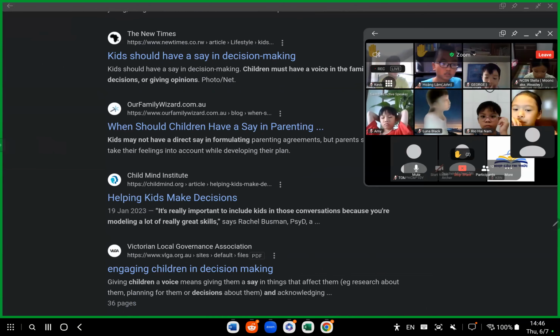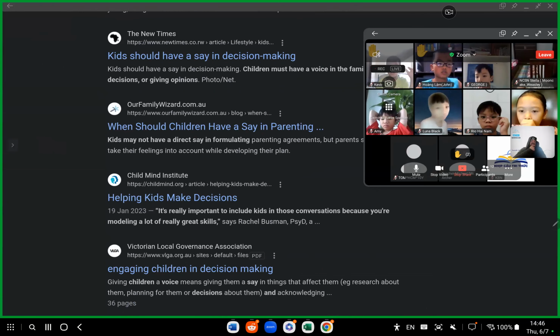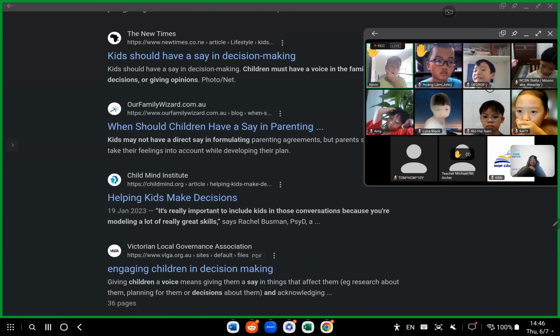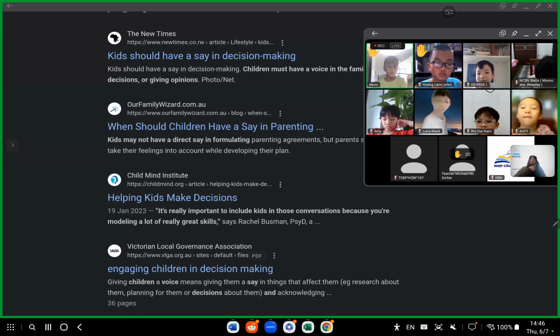What sorts of evidence have you found in doing that search? One of the evidence that I found is when children give their decisions, it will build their confidence.